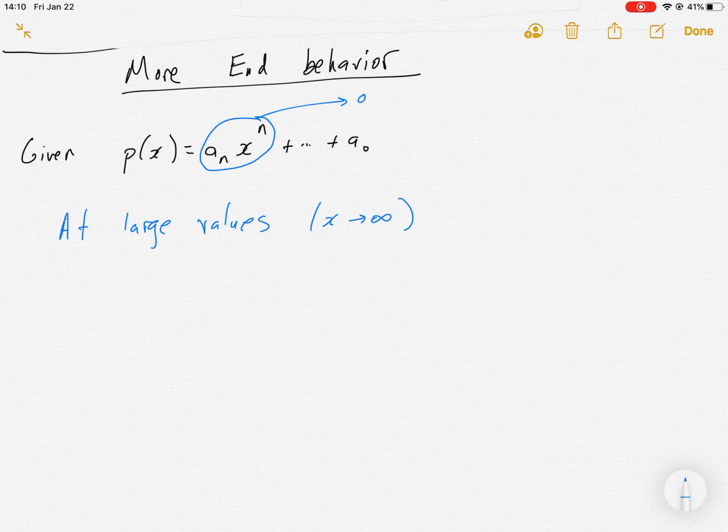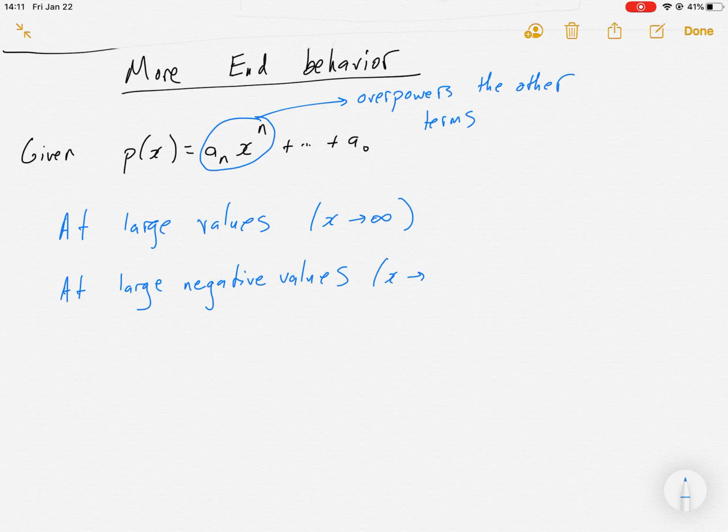So this term actually overpowers the other terms, only when we're at very large values of x, though. Or at large negative values. That doesn't really make sense because a large negative value is sort of the opposite direction, but what I'm saying here is as x goes to negative infinity, that term just sort of overpowers it.